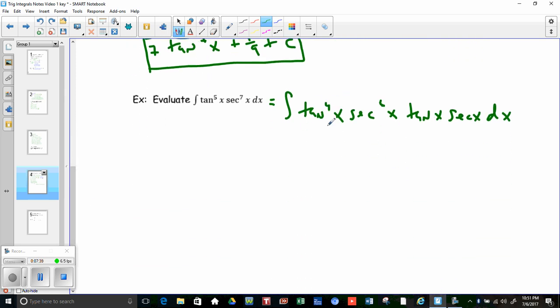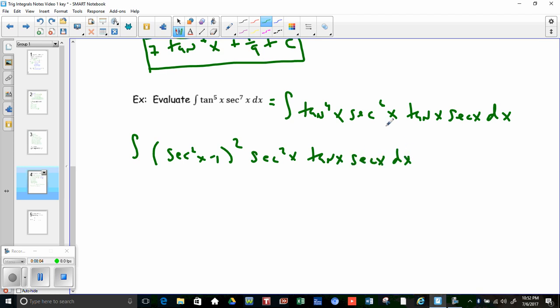So we're going to rewrite tangent to the fourth as tangent squared squared, but remember tangent squared is secant squared x minus 1, and then we'll square that to get our tangent to the fourth. Then we've got secant squared x, tangent x, secant x dx.